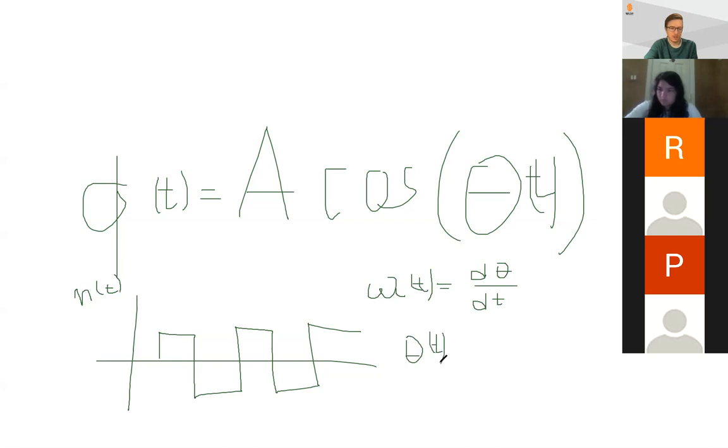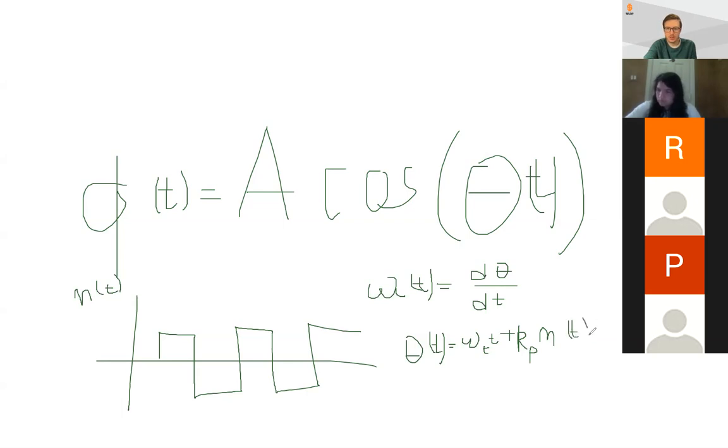And theta is the angle. We have some carrier frequency that we're modulating the carrier at, so the carrier has some frequency multiplied by time, and then the modulation we're doing is some constant multiplied by the message.